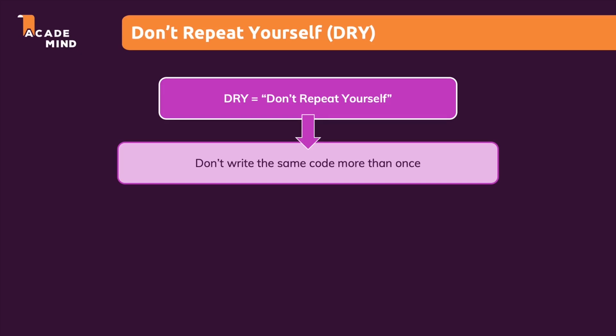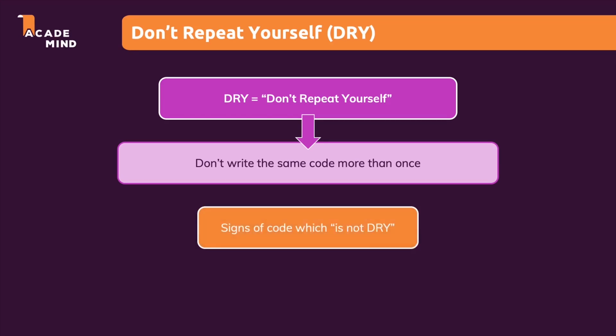Well, whenever you need to change something about that code, some logic or some error, then you need to make this change in multiple places throughout your application if you did repeat yourself. If you never repeated yourself, then you only need to make the change once, which is of course way better.